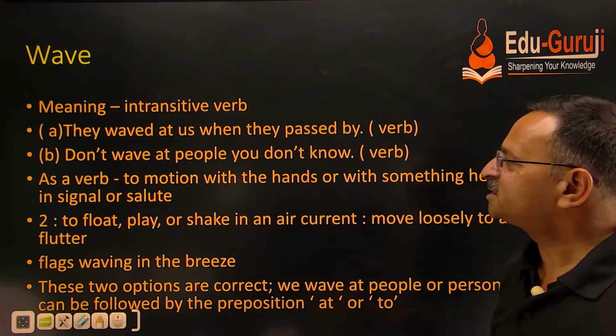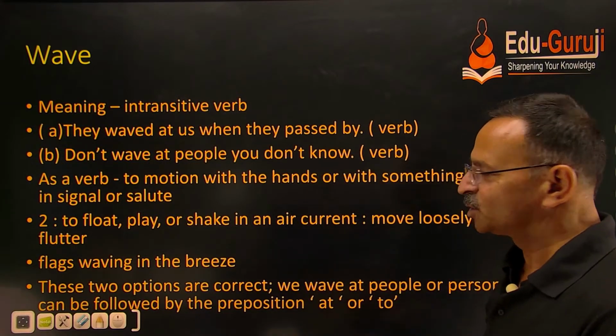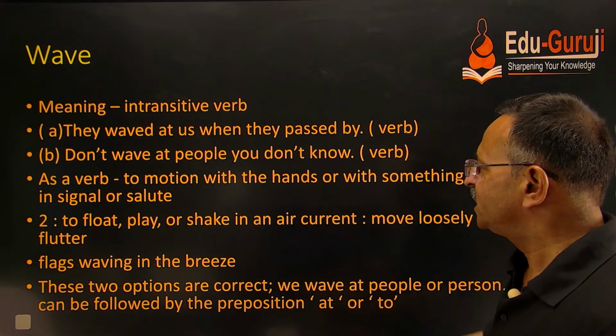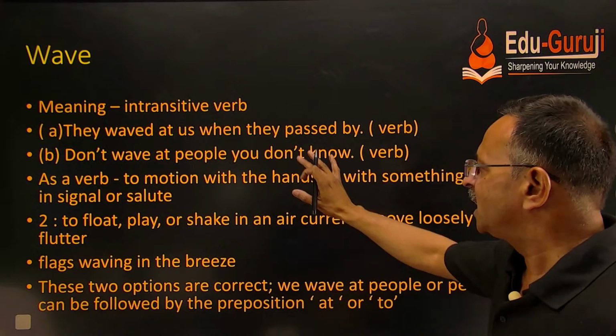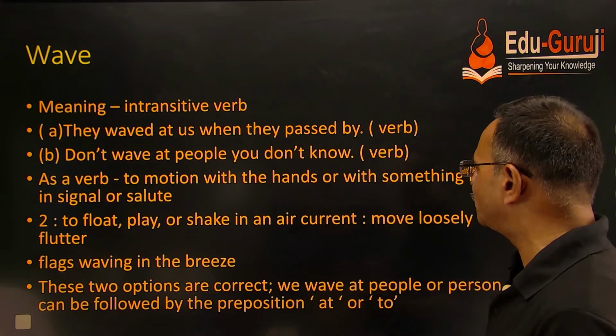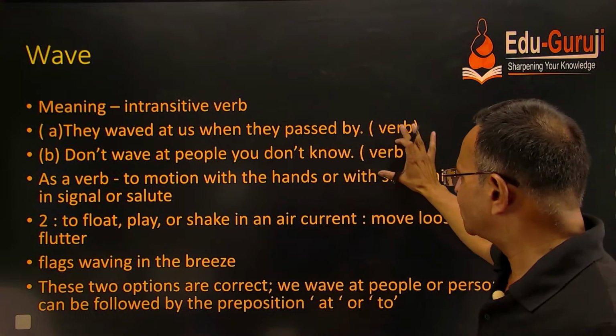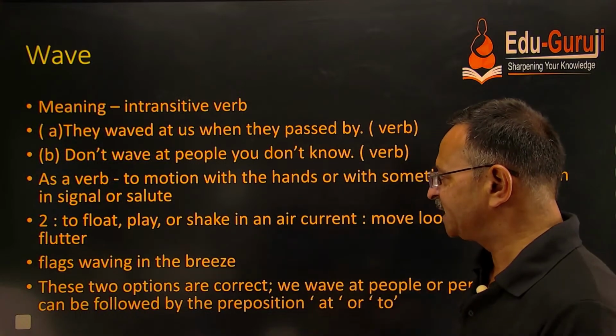So wave is essentially an intransitive verb. Let's see what meaning we have. They waved at us when they passed by. And then: don't wave at people you don't know. So these two are verbs. What do they mean as a verb?